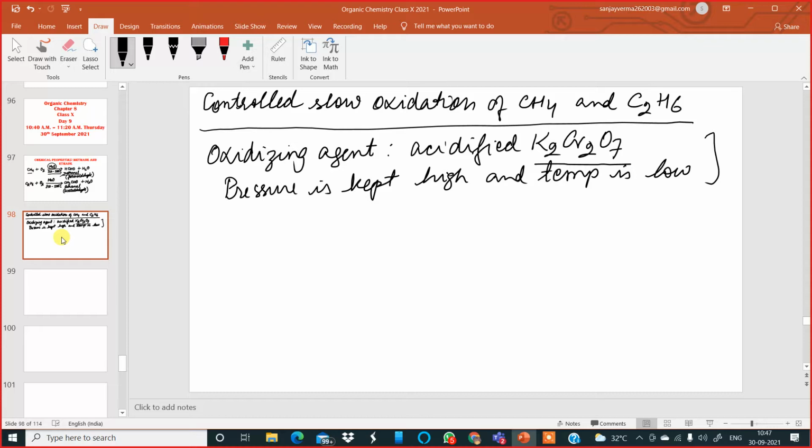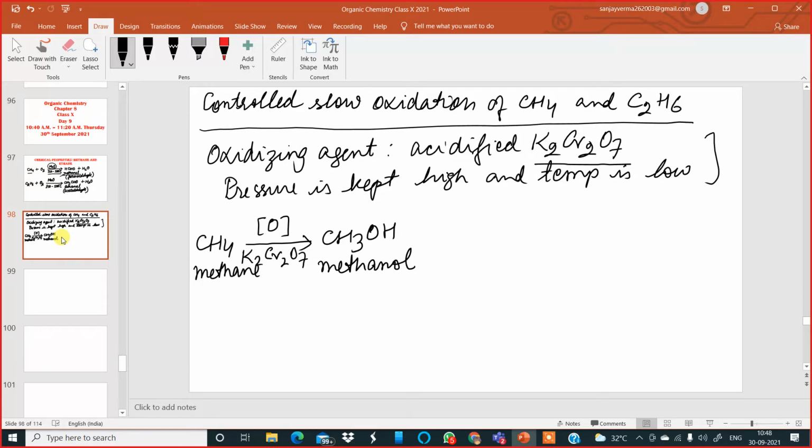So let me show you the reactions. First one, using methane. Methane undergoing oxidation in the presence of potassium dichromate, K2Cr2O7, first forms methanol, CH3OH, in the first step.